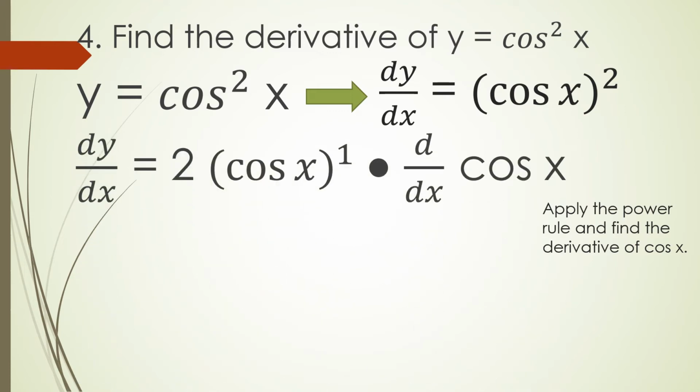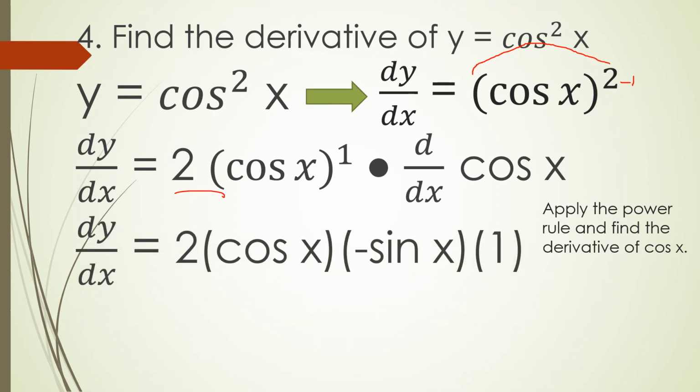Di ba ang power rule, class, 2 times 1, ganon. So, may 2 dito, cosine, tapos 2 minus 1, so naging 1 yan, times, anong derivative ni cosine x? Derivative ni cosine x is negative sine. Anong derivative ni x? 1. So 2 cosine x times negative sine x times 1.